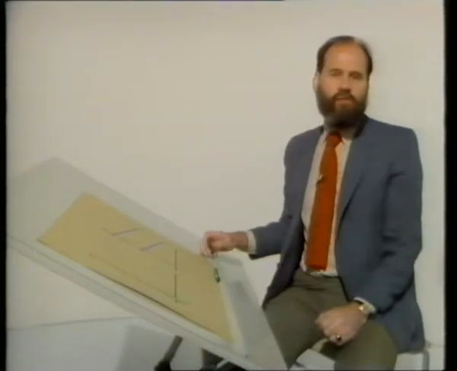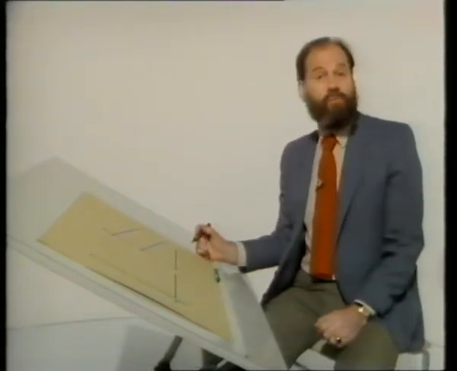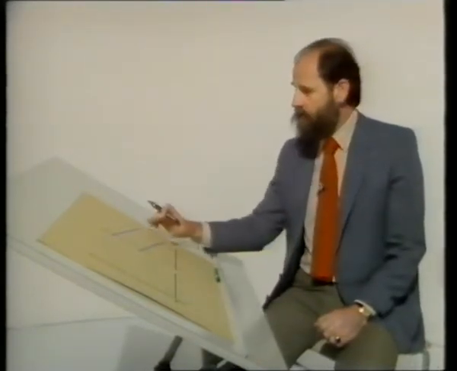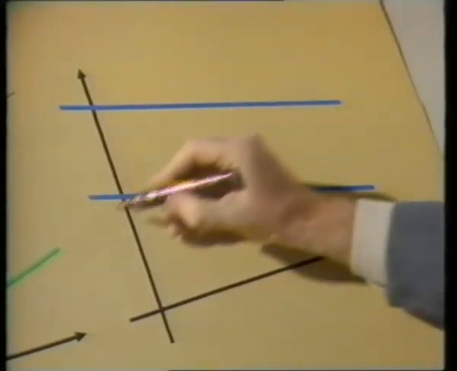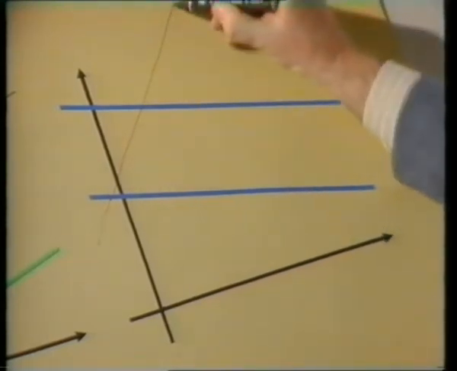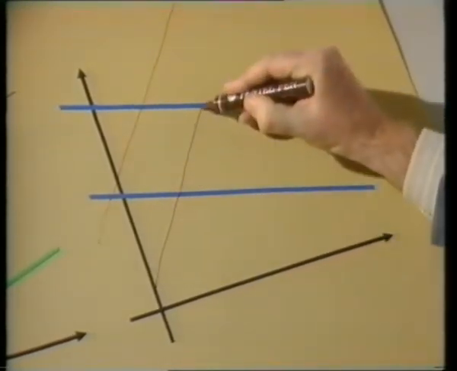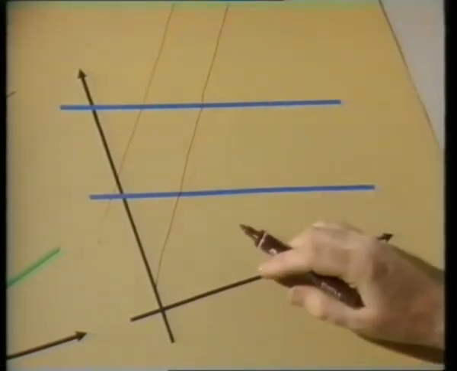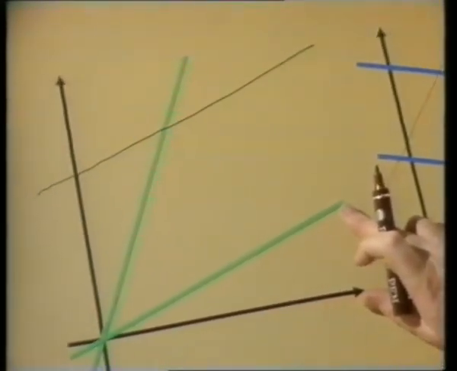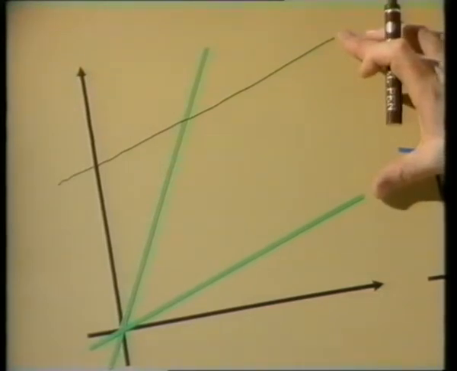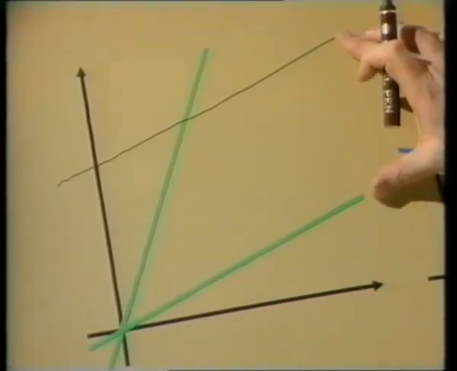But you already know from the parallel line property which you proved before the program that given any 2 parallel lines, they transform into another pair of parallel lines. So how does this apply to our particular situation? Well, here's a pair of parallel lines, so we certainly know that they transform into another pair of parallel lines.